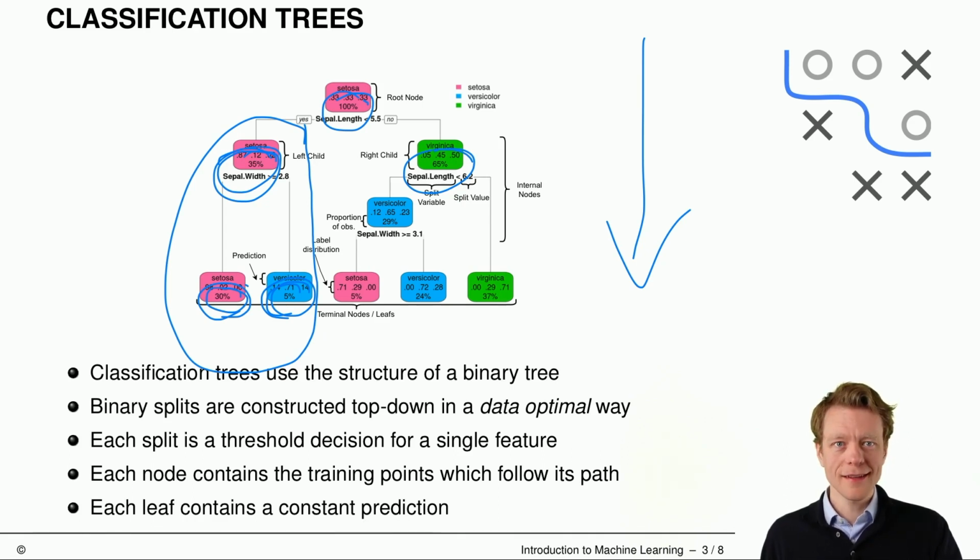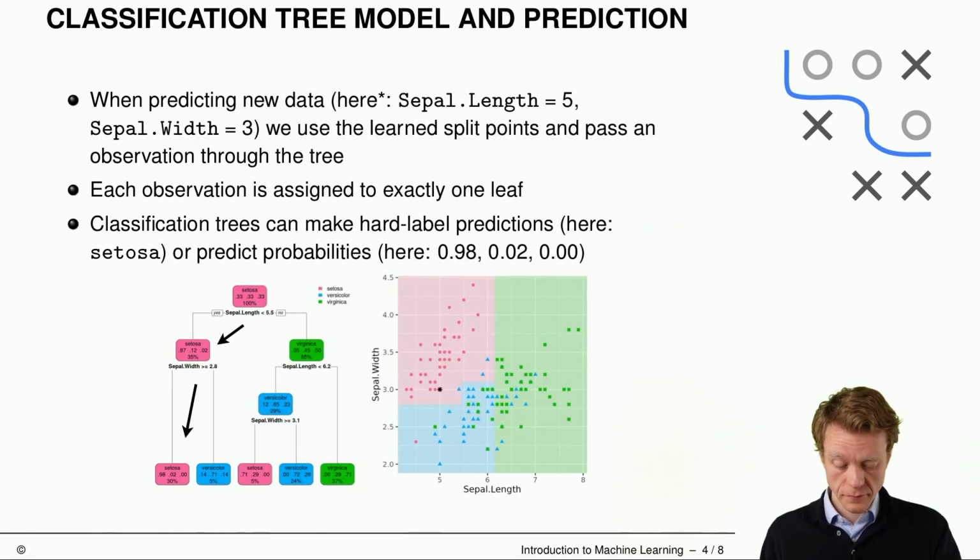Okay, I guess that's it for the structure of this classification tree. Let's have a look at what happens if we predict a new data point. So in this case, sepal length is 5 and sepal width is 3, which means we have this data point here.